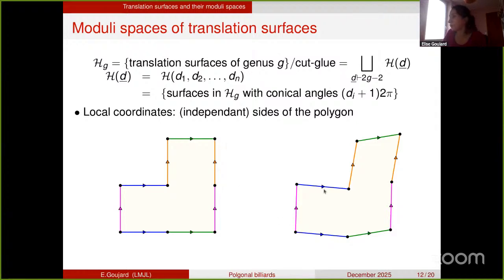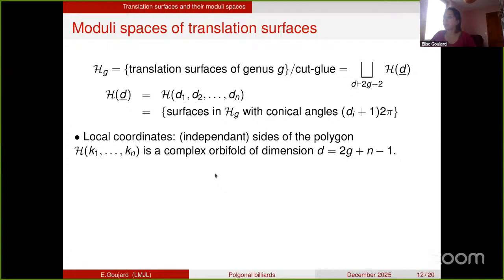So here I just show an example of a surface which is close to this one, a point in the family, okay, because it has close by coordinates. So we have a nice system of local coordinates, and we have actually a nice structure. So the whole family is a complex orbifold of dimension 2g plus the number of singularities minus 1.